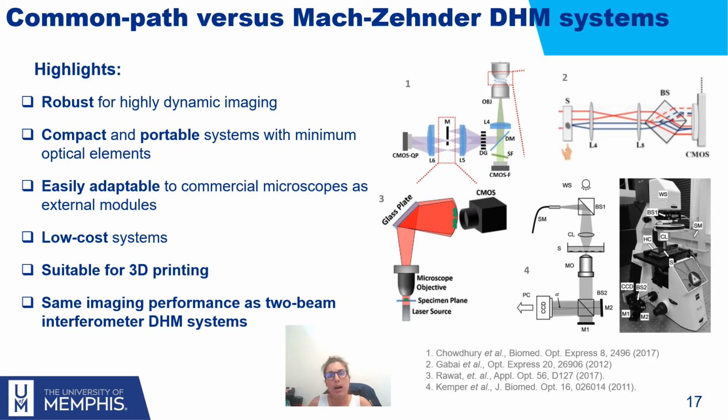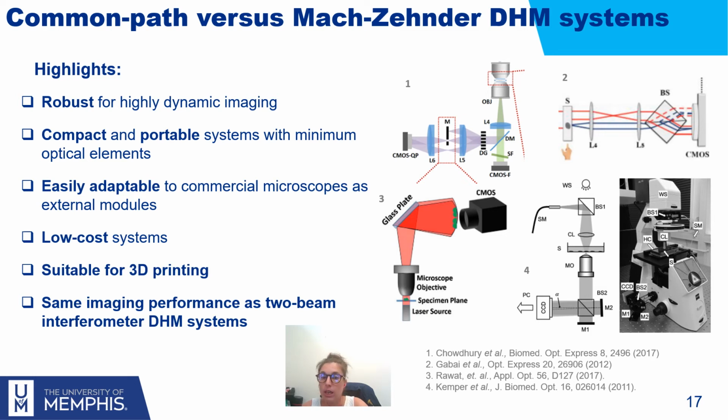So let's talk right now about common path versus dual path interferometers. So far, all the systems that we have talked about are dual path, right? Which is the simple Mach-Zehnder or a Michelson interferometer, where the beam coming from the laser is split from the beginning. One of the beams is used to illuminate an object and the other one is used to create a uniform reference wave.